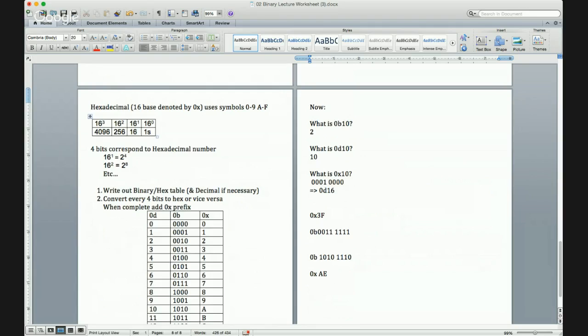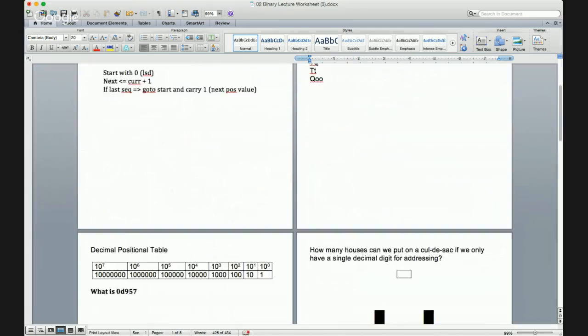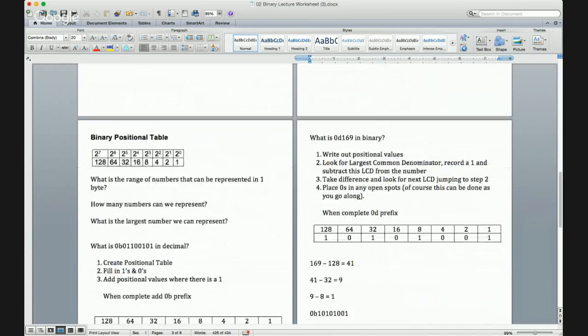Hexadecimal to binary. If I just take a look at the positional charts, I have the ones place, the 16s place. If I go back up to my binary positional table, right? What if I have 1, 1, 1, 1? 1 plus 2 plus 4 plus 8, 15, right? If I add 1 to it, what's the next value? 2 to the 4th, 16.